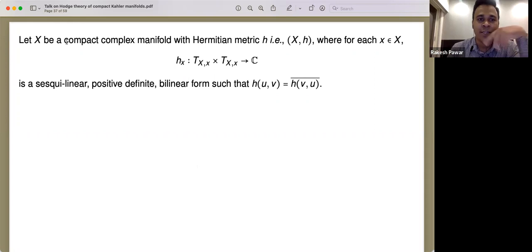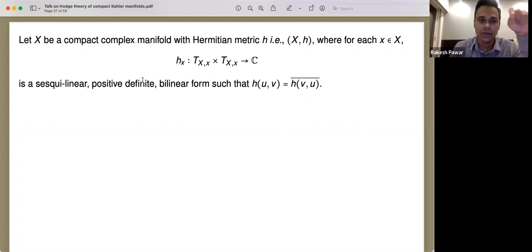So I want to consider a compact complex manifold with a Hermitian metric. So what I mean by that is X is a complex manifold. For each x in X, there is a bilinear form on the complex vector space, this is just the complex tangent vector space, with the property that it is sesquilinear, in the sense that it is C-linear in the first coordinate and anti-C-linear in the second coordinate.